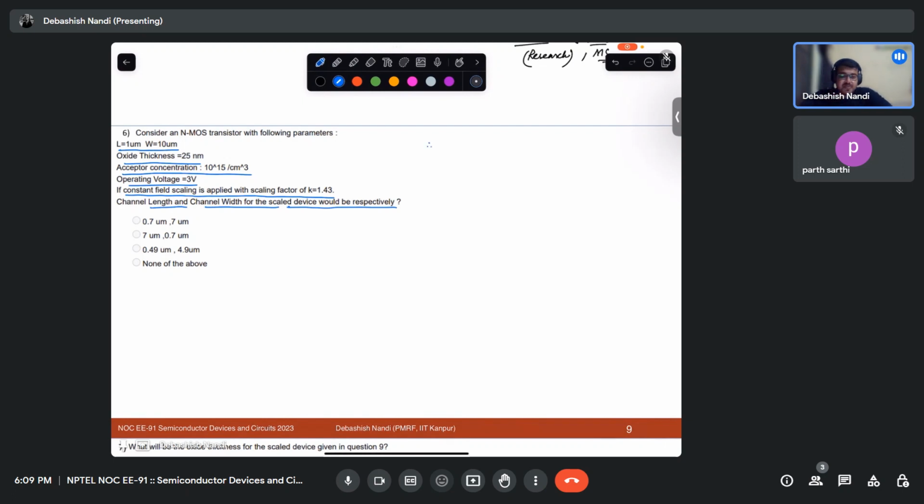So again, irrespective of constant electric field or constant voltage, my device dimension will be scaled down by a factor of k. So L scaled will be L over k, and my W scaled will be W over k.